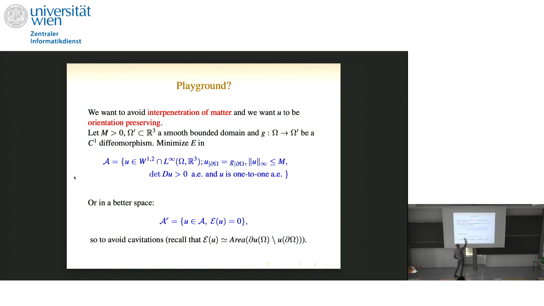It is the family in W^{1,2} where we require a uniform L infinity bound, so all deformations have to be in a big box, and they match some boundary condition. And of course, since I'm looking for physical solutions, I'm also asking that there is no interpenetration and that orientation is preserved. So a map has to be one-to-one, and the determinant has to be positive.